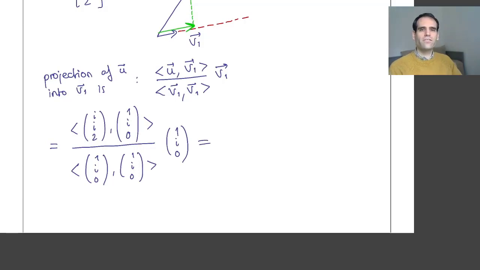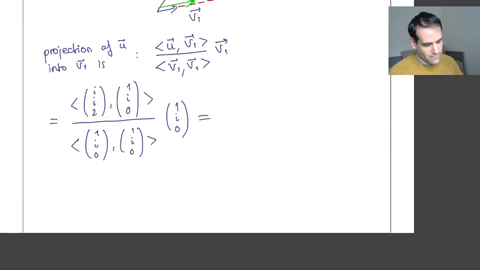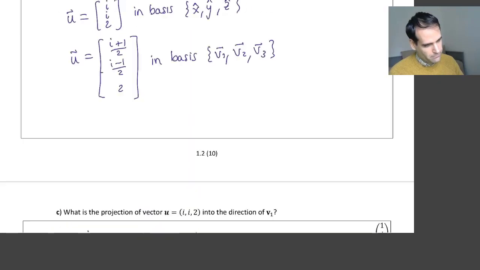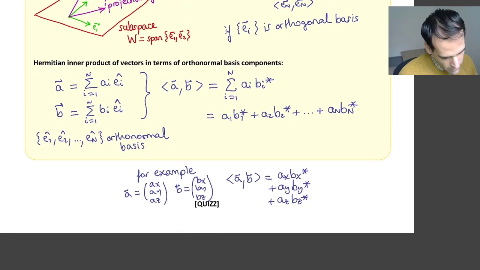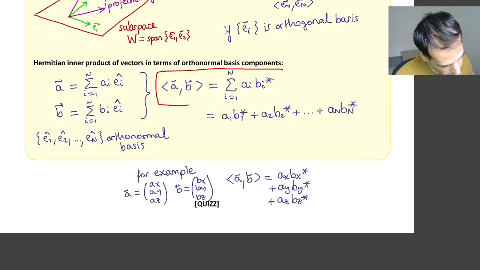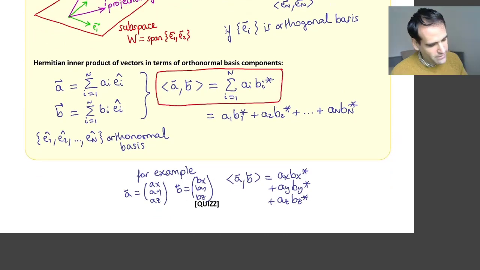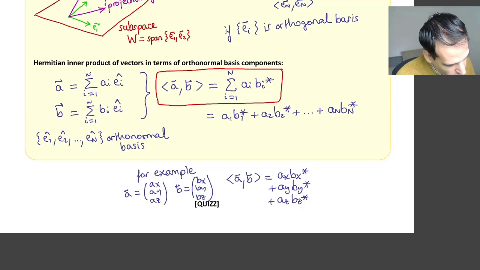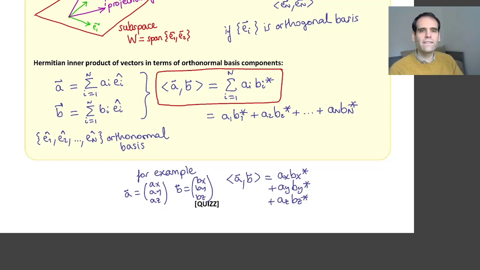How do we do inner products between vectors that are complex? So remember, we found the following way of doing it. Here we said that the inner product between two vectors, if they are written in an orthonormal basis, and right now we have the vectors written in the xyz basis, is simply given by the sum of the products of the coefficients, but conjugating the second one.